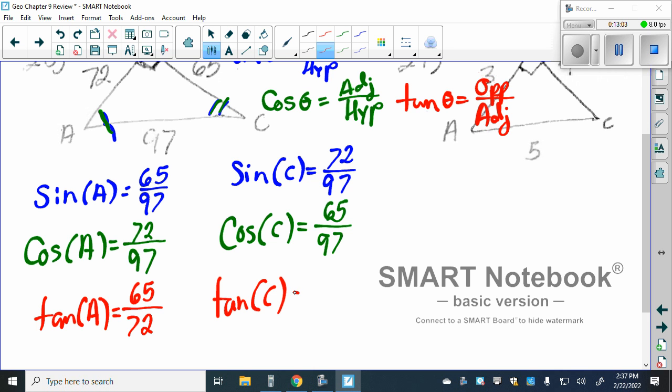Tangent of C, now the opposite side is 72, and the adjacent is 65. And that's all it's asking for this here. It's just wanting it as a fraction. It doesn't ask for decimal, it just wanted fraction. Don't have to reduce it. That's it.